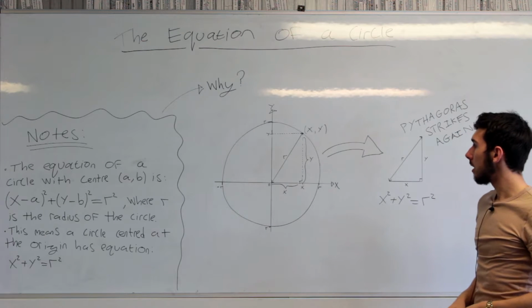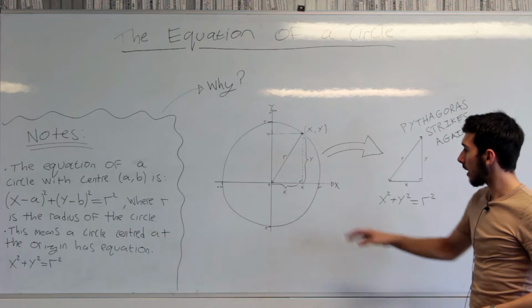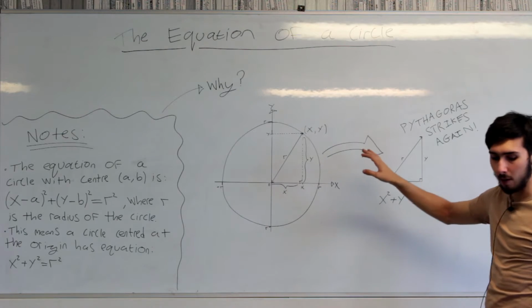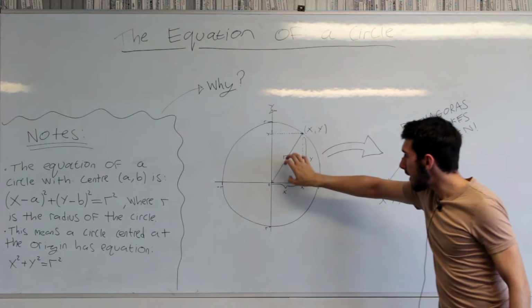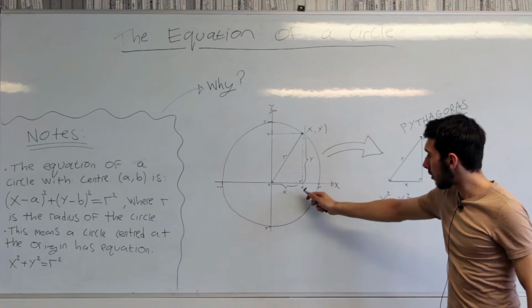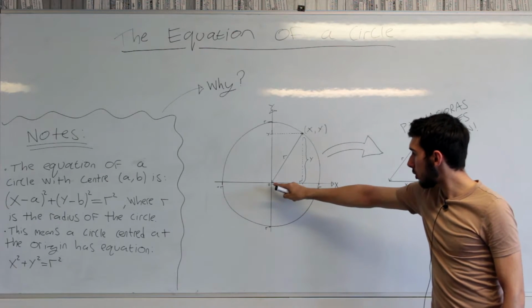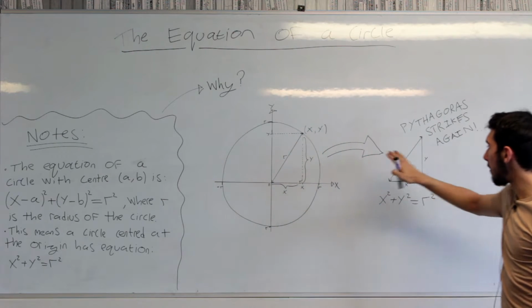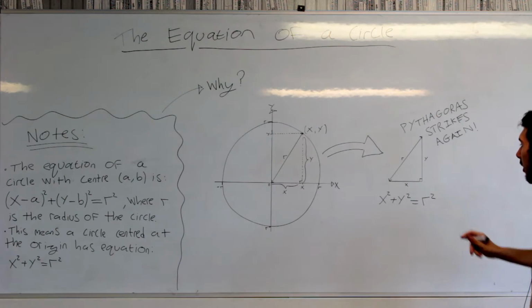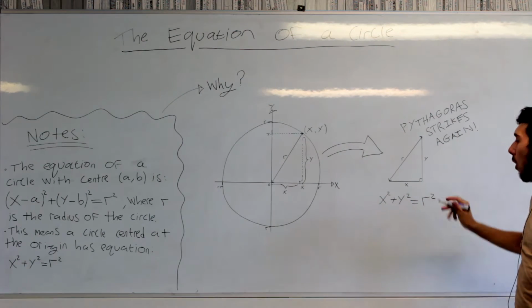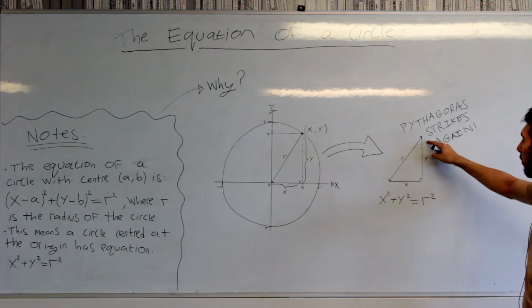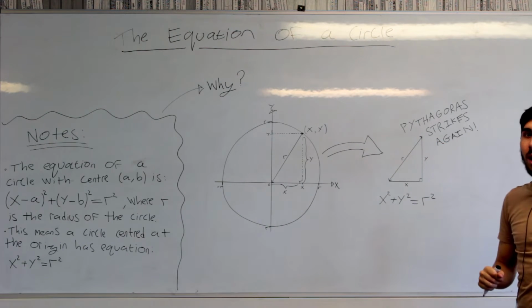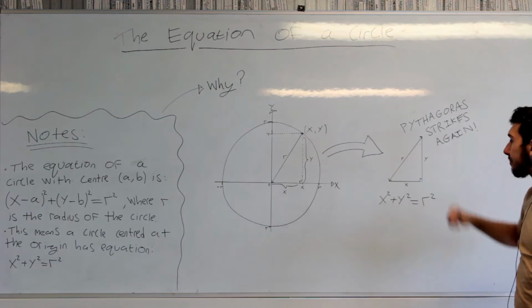Which means, guys, and I've drawn it over here with a nice arrow, there's a triangle here. I've even drawn a right angle. There is a triangle that I've replicated so you can see it, and it's clearly got an arbitrary length of x, an arbitrary height of y, but it's always got a hypotenuse of r.